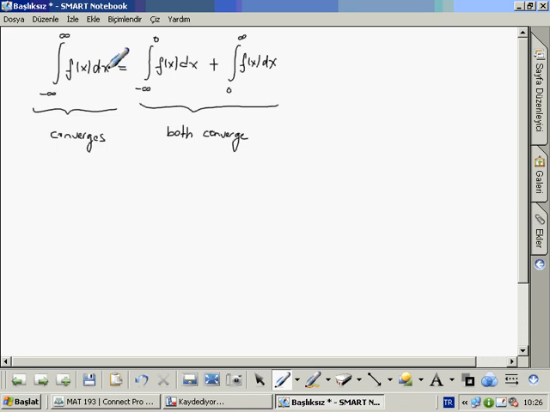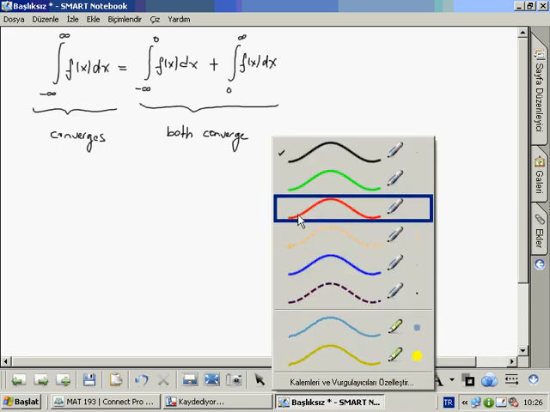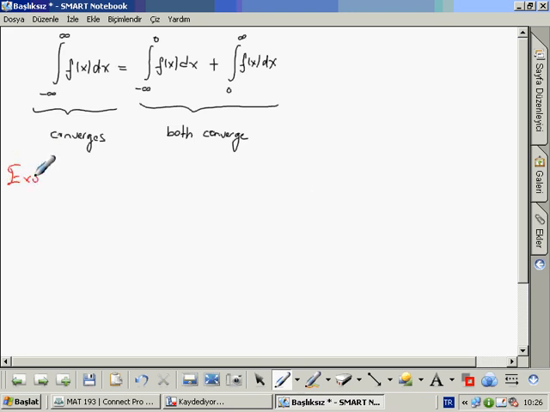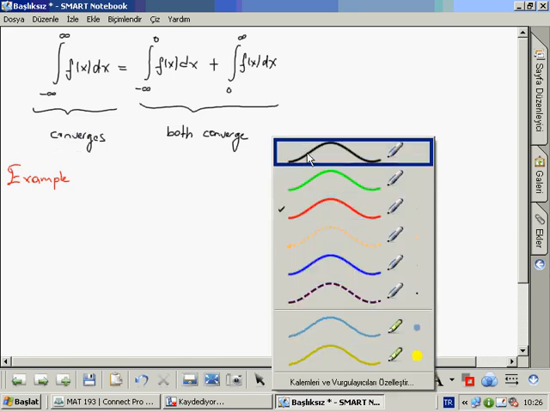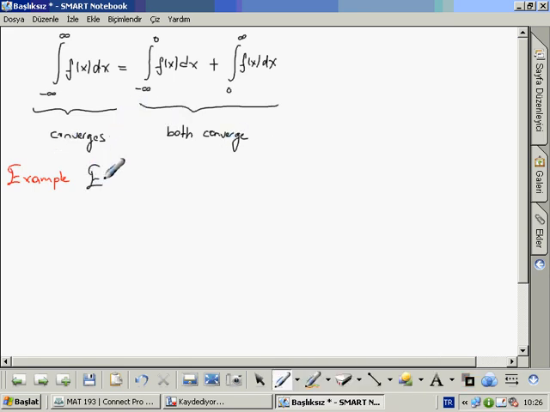And let's continue with an example, which is the popular example about this. Evaluate the integral from minus infinity to plus infinity of 1 over 1 plus x squared dx.